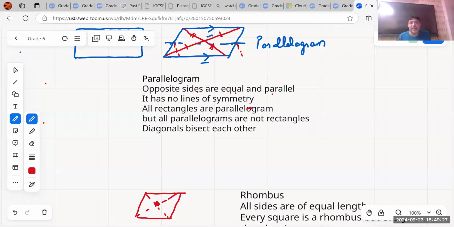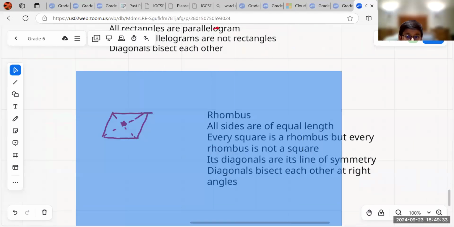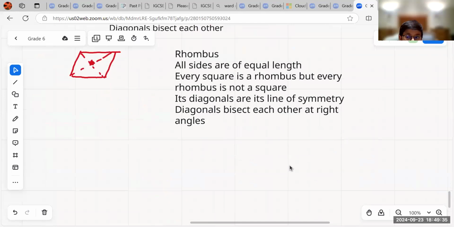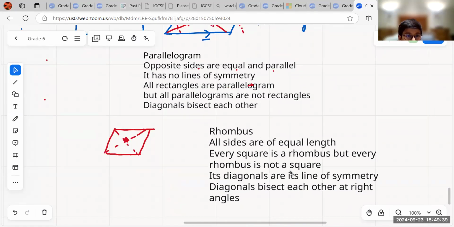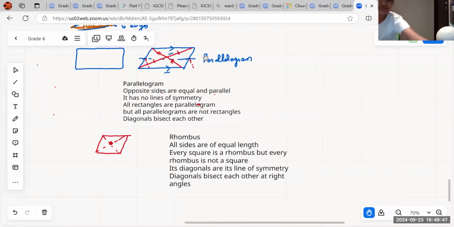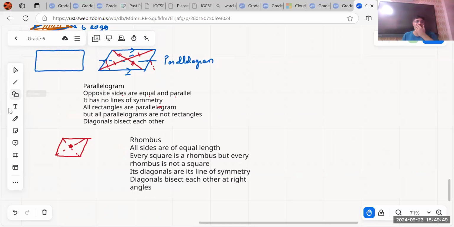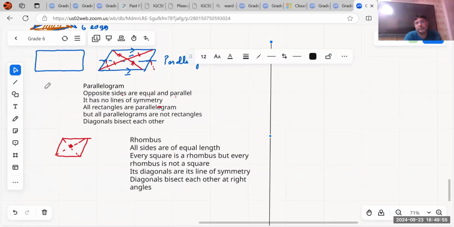Bisect means they divide each other into equal parts. So parallelograms also have lines of symmetry? No, they just divide each other into equal parts, but no line of symmetry unless it's a what? Rectangle. Next one is trapezium.